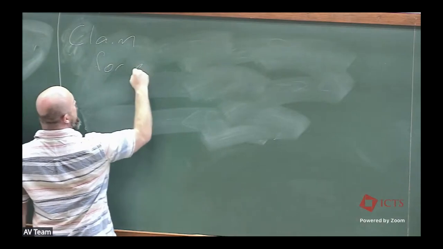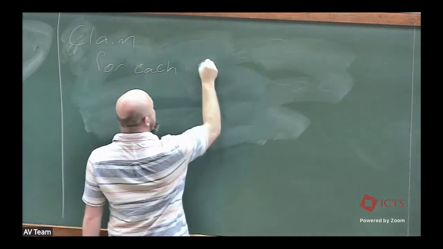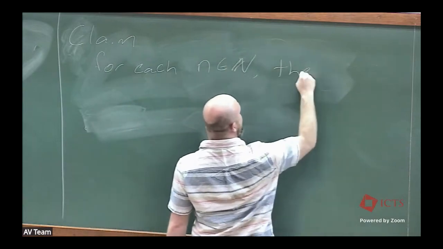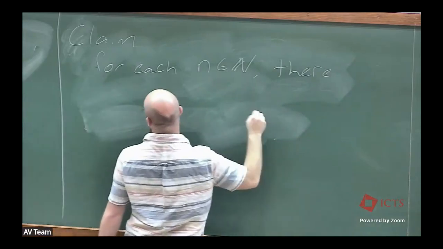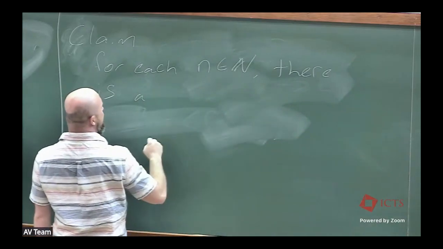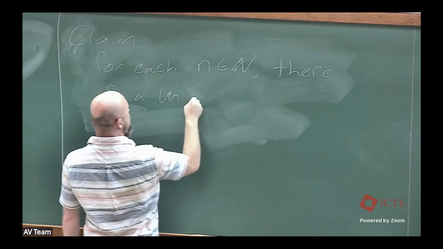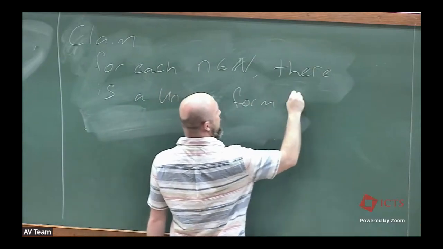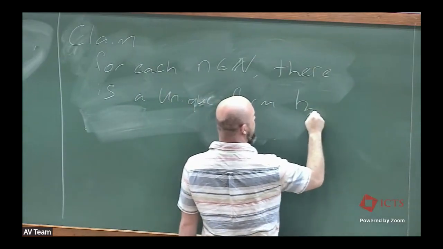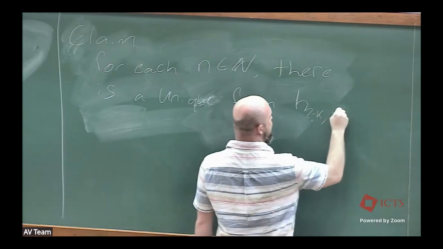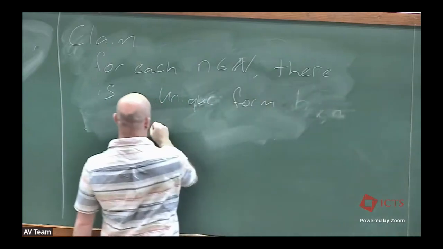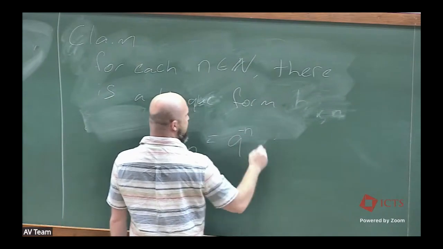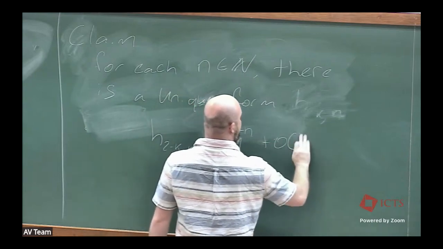So for each positive integer, so let's just say n in the natural numbers, there is a unique form, say h sub 2 minus k comma n, which is going to equal q to the minus n plus big O of 1.